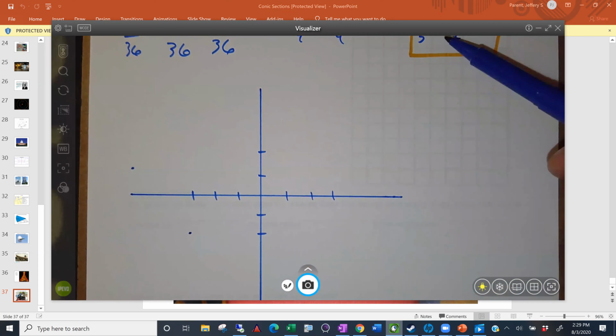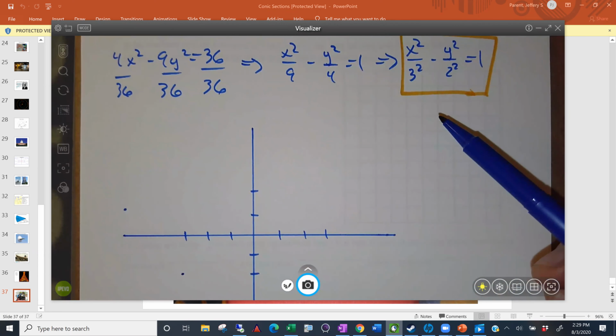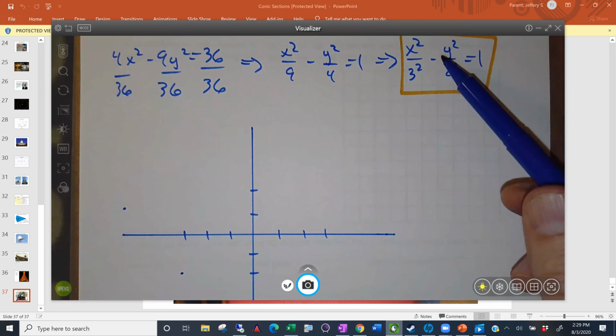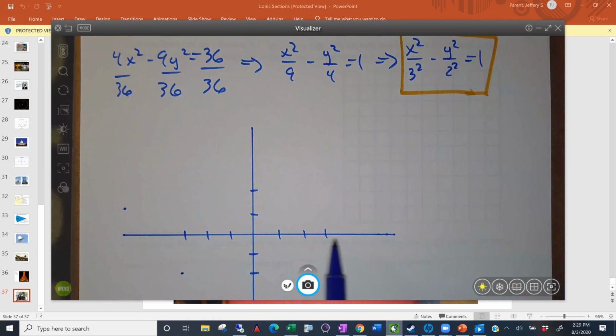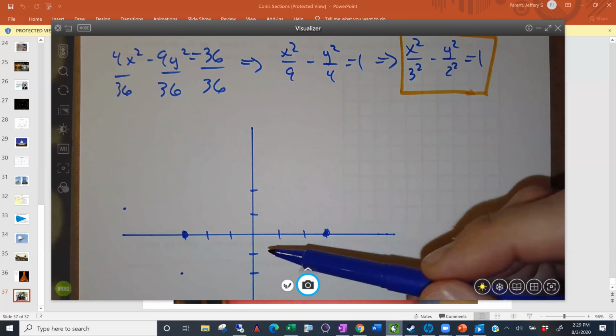So let's pretend that this is an ellipse. In the x direction, I'd start by plotting points where on the x-axis? 3 and -3. Good. Now in the y direction, I'd plot them at 2 and -2.